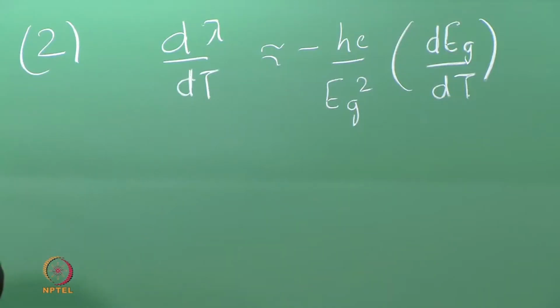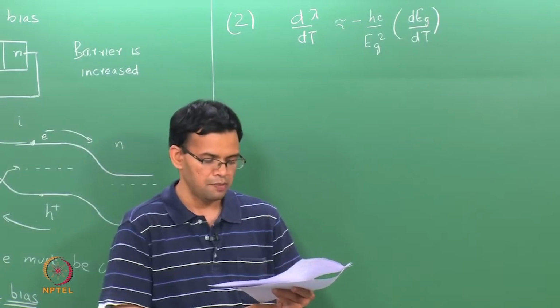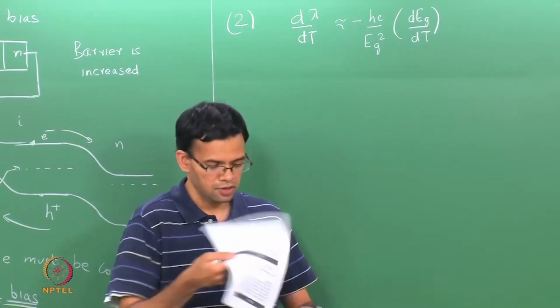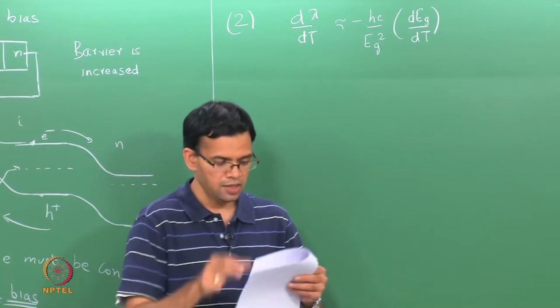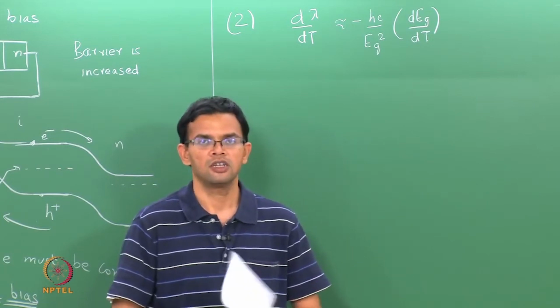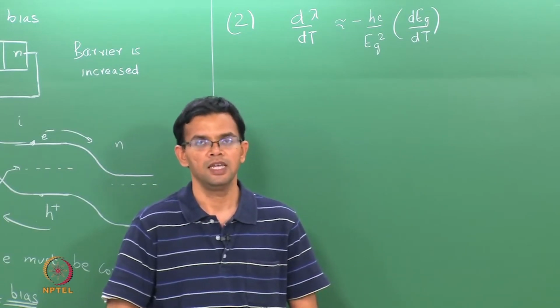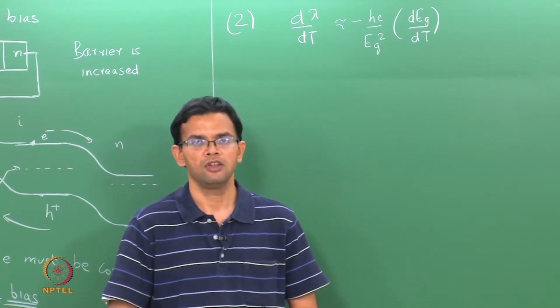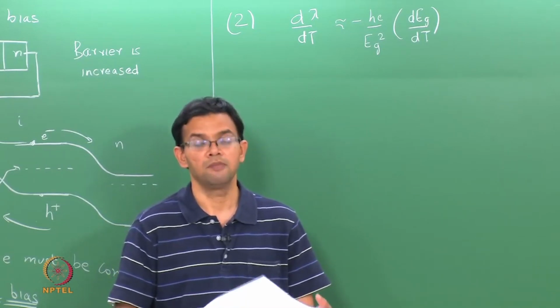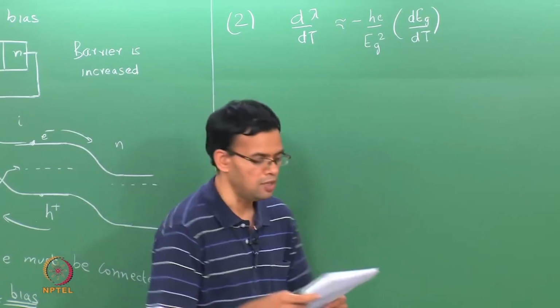Then we are asked to do the calculation for a gallium arsenide system where the band gap is given and also the temperature variation is given. So, the first part can actually be very easily shown. I just described the working of an LED and said that the wavelength of the light depends upon the band gap of the material.